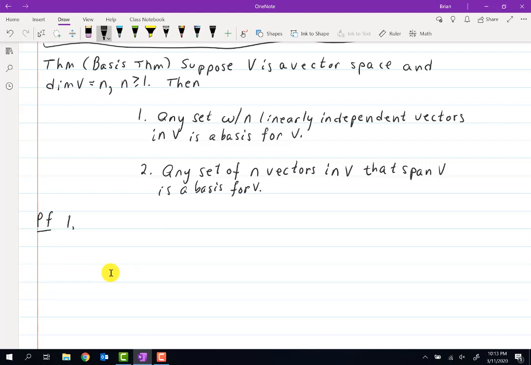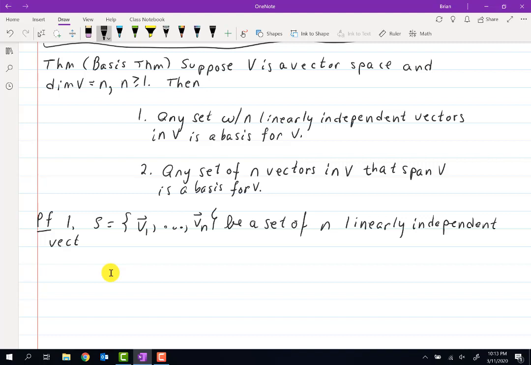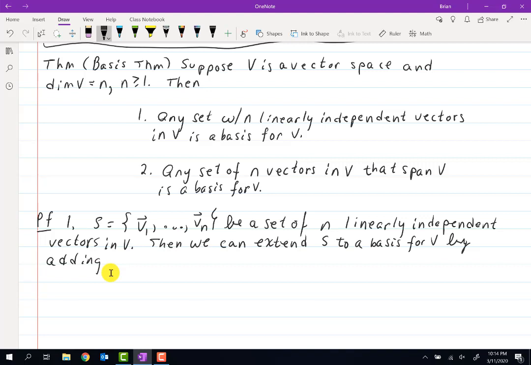Let's start with the first one, and let S equal v1 up to vn be a set of n linearly independent vectors in V. Then we can extend S to a basis for V by adding in linearly independent vectors.